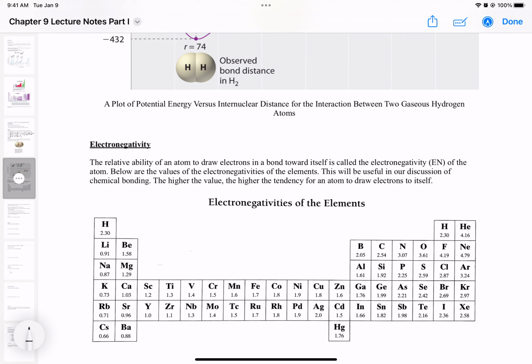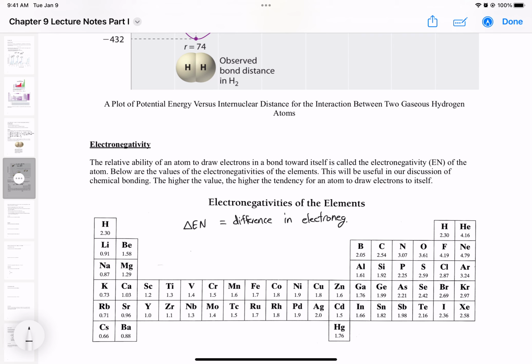So to classify if a bond is polar, ionic, or nonpolar, usually we look at differences in electronegativity values, so the difference in electronegativity.